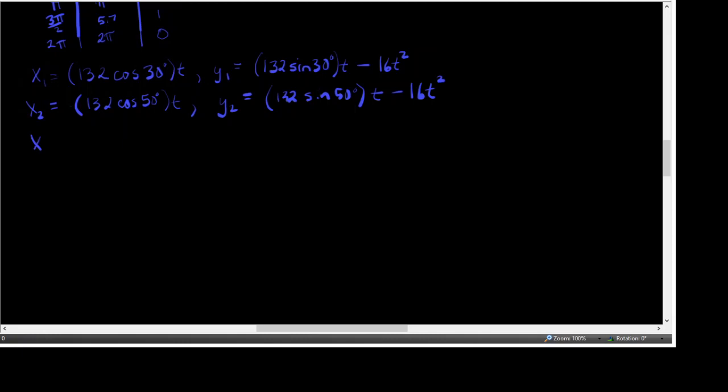And x sub 3, just use our third angle, 132 cosine of 70 degrees t and y sub 3 is 132 sine of 70 degrees t minus 16t squared.